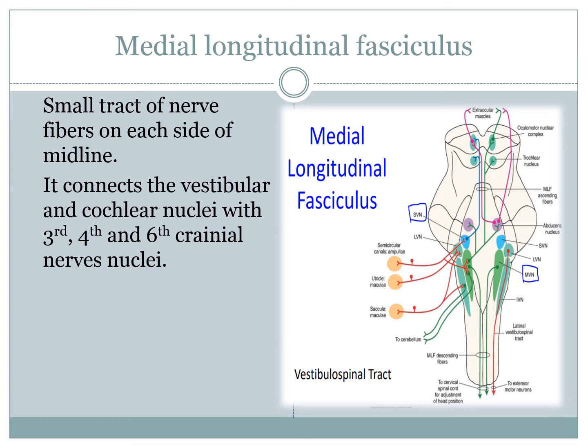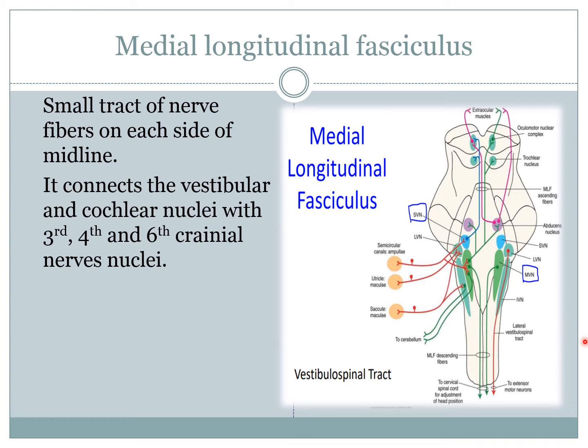Now the medial longitudinal fasciculus. It lies beneath the floor of the fourth ventricle on either side of the midline. It is the pathway that connects the vestibulocochlear nerve to the nuclei of the third, fourth, and sixth cranial nerves, which supply the extraocular muscles.